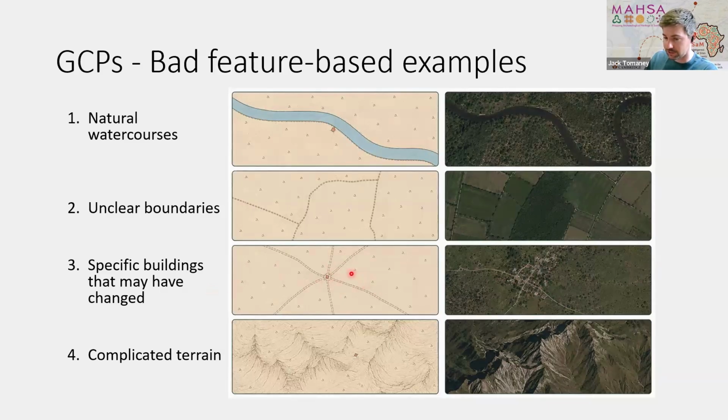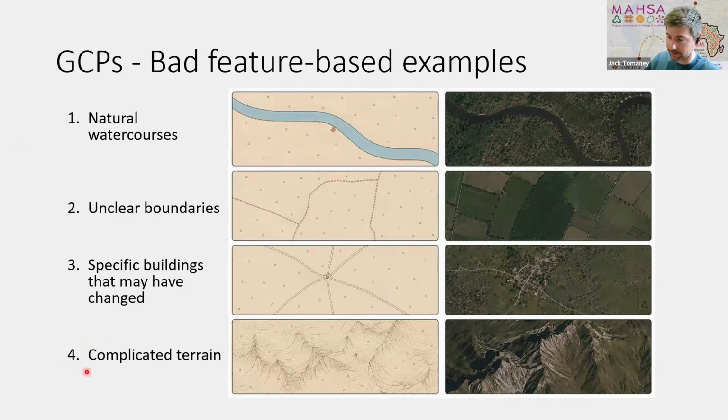The road layout has changed a bit, and you could possibly guess where the building would have been or which one it is, but you can't be certain. This often happens with villages and towns between historic maps and satellite imagery. And again, if you're guessing and you are, say, 100 meters off, this could make your entire georeferenced map inaccurate.